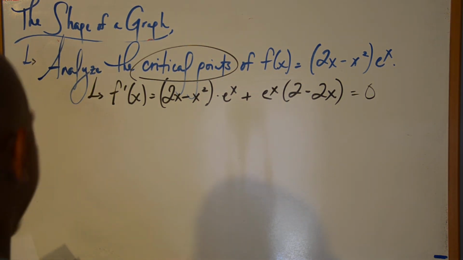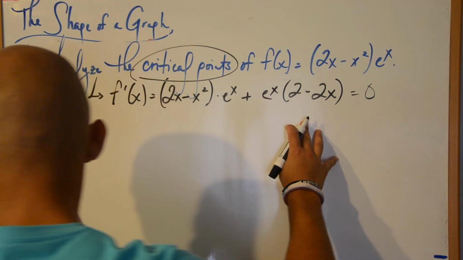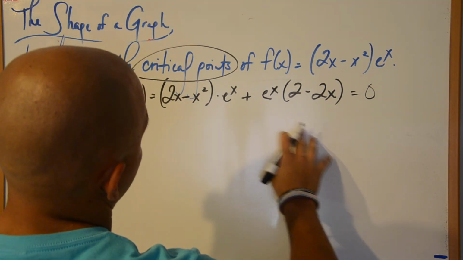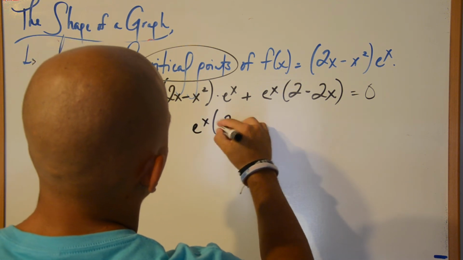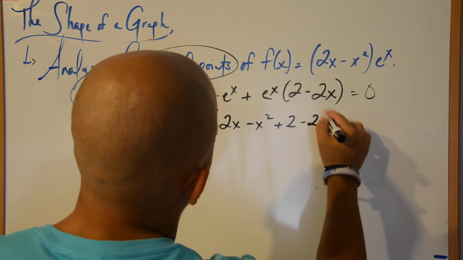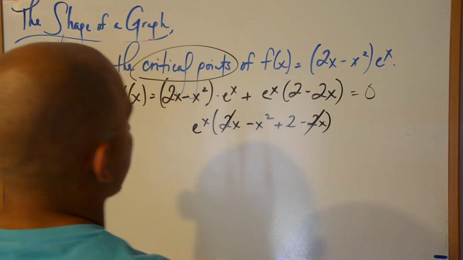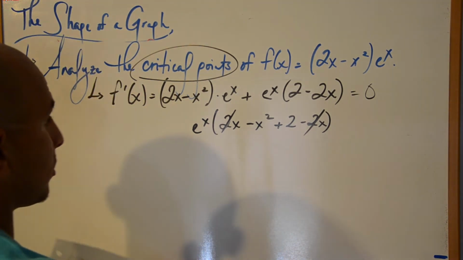In doing so, if we factor this out, we're going to get e to the x times 2x minus x squared plus 2 minus 2x. So these actually wind up canceling each other out, which makes our life a little bit easier.